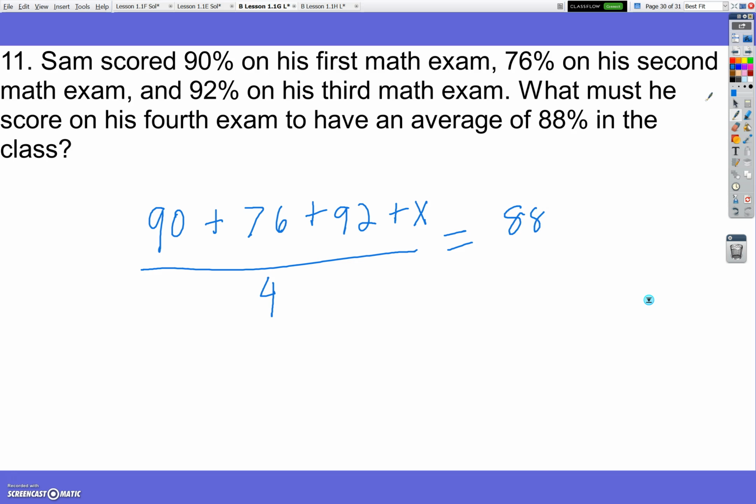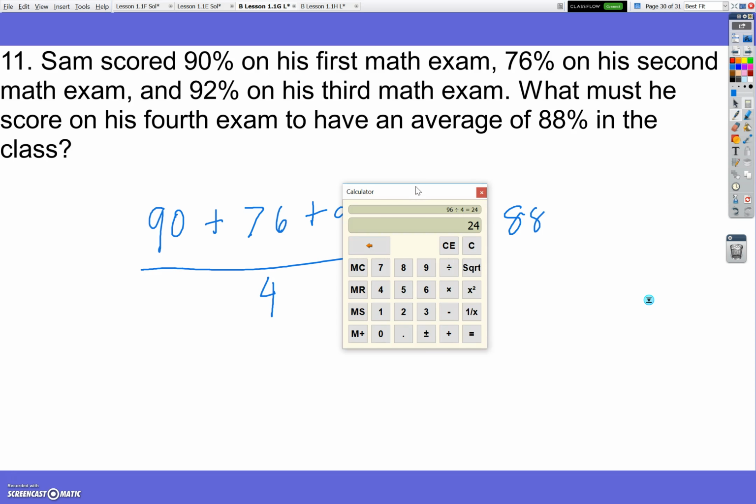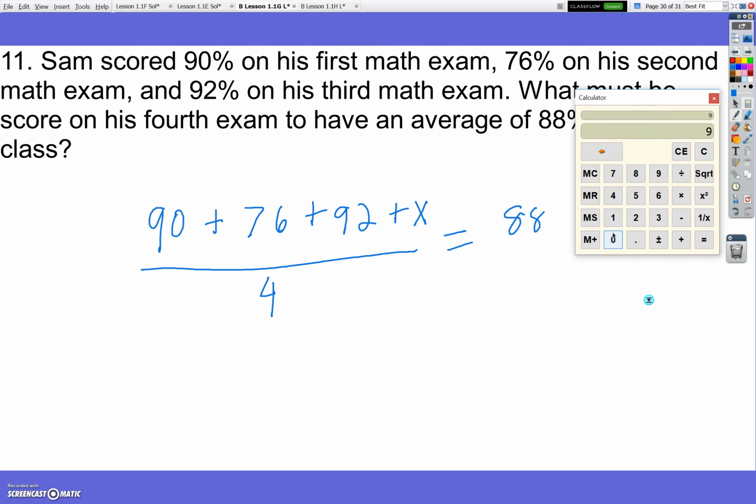So from here, all I do is begin solving. The first thing I would want to do is combine all my like terms. So I'm going to have 90 plus 76 plus 92 equals 258. So I have 258 plus x all over 4.